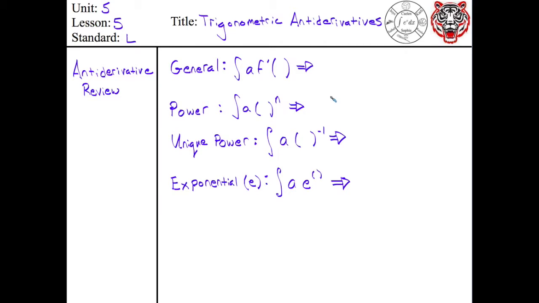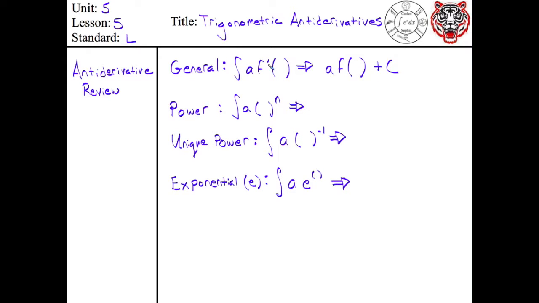All right, so there's a setup, make sure it's copied down. Let's talk about the different types of antiderivatives that we know, some review. So in general, if I have some a times f prime of an inner, what does that turn into when I take the integral of it, when I take the antiderivative? It should be that same a times f in parentheses plus c.